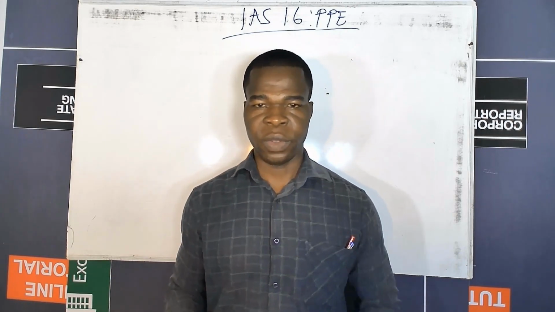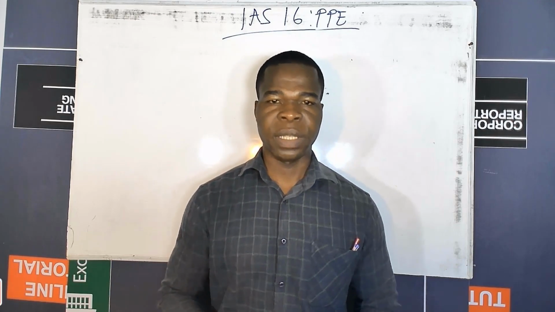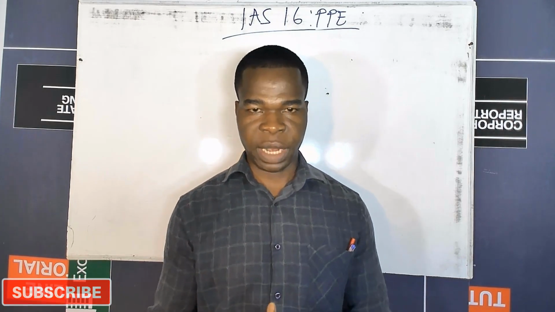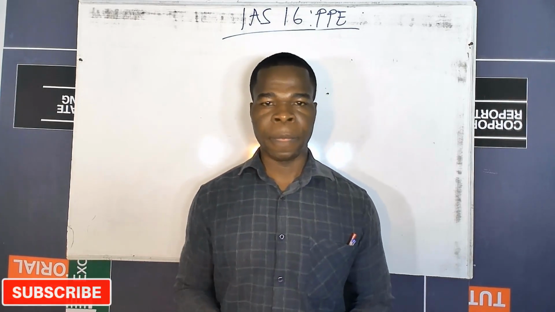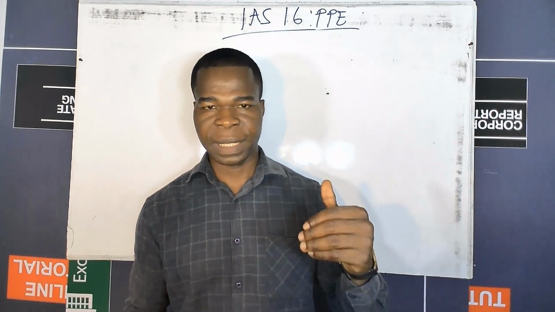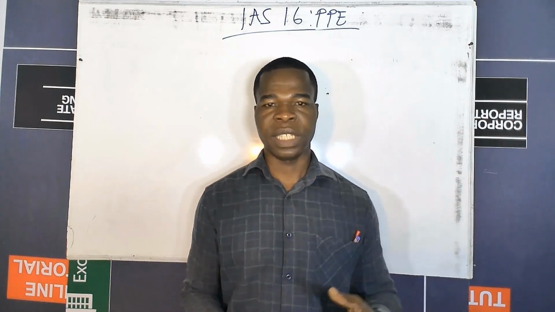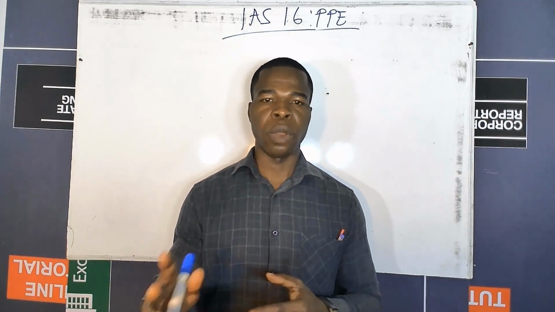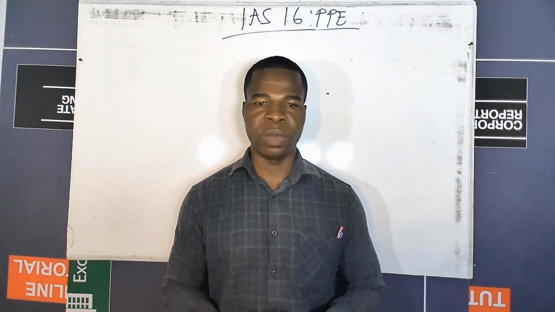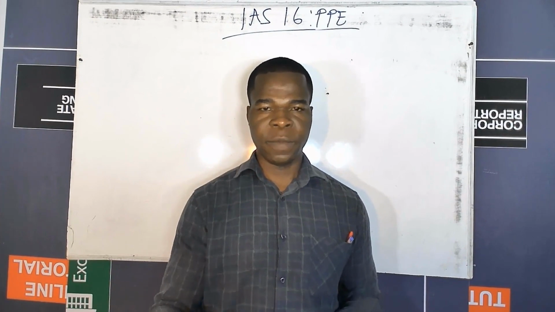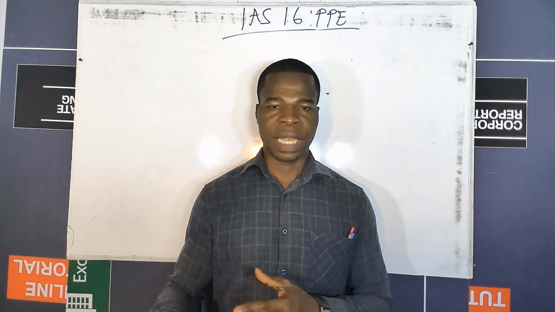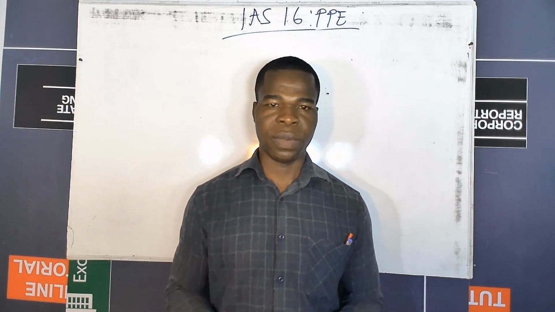In our previous video, we had the introduction, how property, plant and equipment is supposed to be recognized and initially measured, and how expenditure subsequently incurred on an item of PPE should be accounted for. In this video, we want to look at the subsequent measurement and other issues the standard talks about.